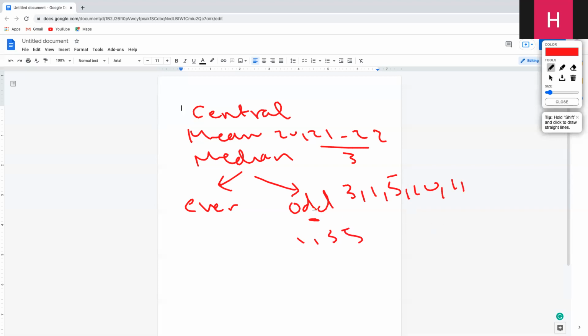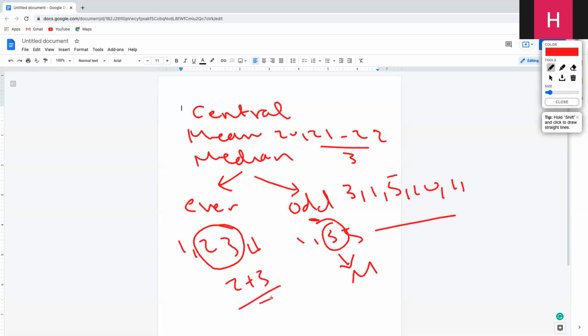After organizing them, if it is an odd number, like 7 numbers, you take the middle one, and this will be the median. But if it is an even number, let's say 4 numbers, you take the 2 in the middle, making sure you organized them in order. For example, if these were 2 and 3, you take 2 plus 3 and divide by 2, and this will be the median.